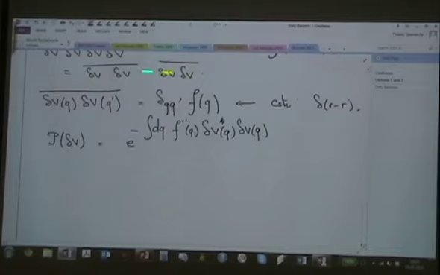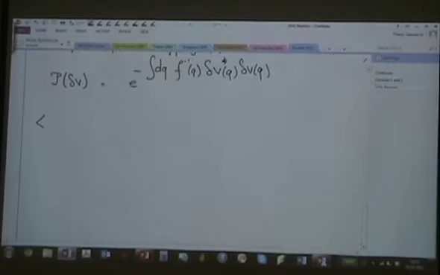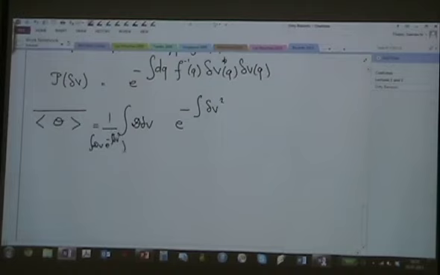Then the second possibility is to say, let me try to do the average from the start. So let's see what I have to do. If I want to compute the average of an operator over the disorder, I have to do the average over all realizations of delta V of exponential of minus delta V squared, to normalize the probabilities.